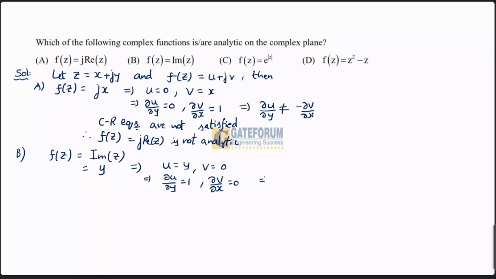So from this, dou u by dou y is not equal to minus dou v by dou x. That is, one of the Cauchy-Riemann equations fails. Therefore, f of z is not analytic.